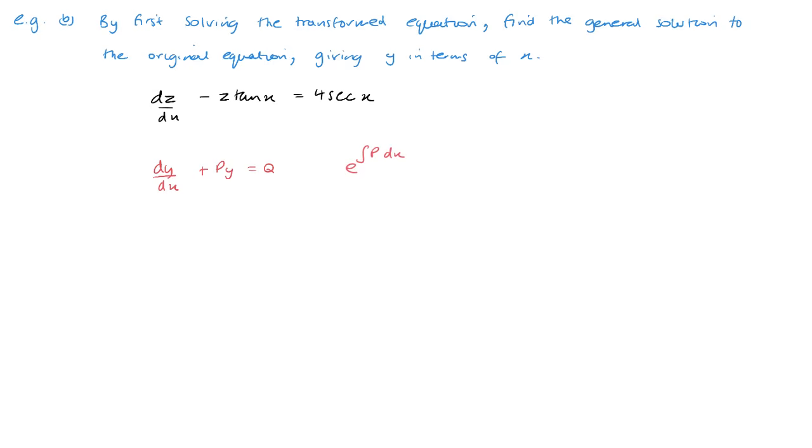Obviously in this case we're looking at dz by dx instead of dy by dx, but it's the same thing; the y's are just replaced by z's. So p is minus tan x, and that's just q.